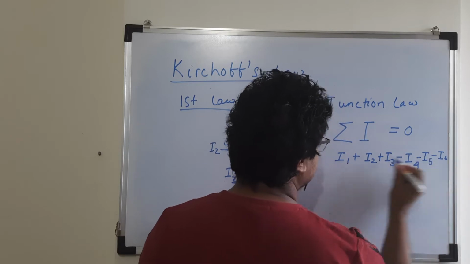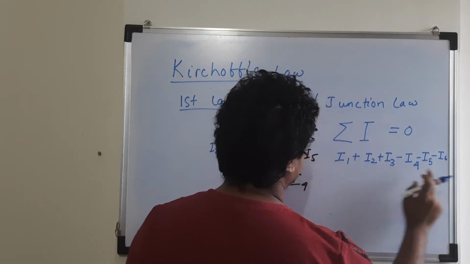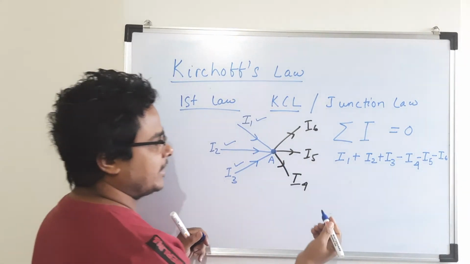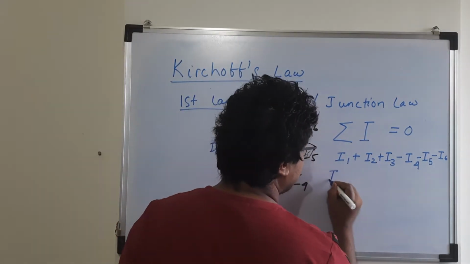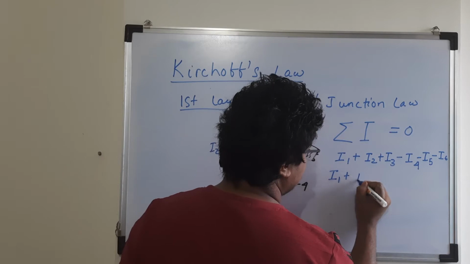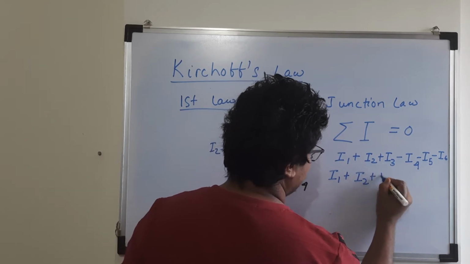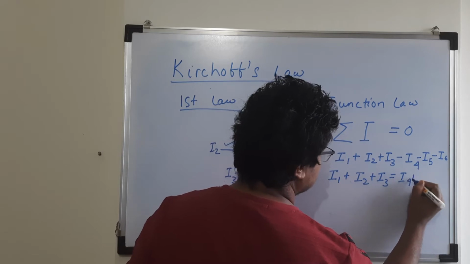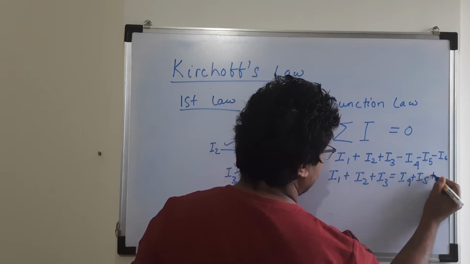So this is the total combination of all the currents at this particular junction A. We can write it further: I1 plus I2 plus I3 is equal to I4 plus I5 plus I6.